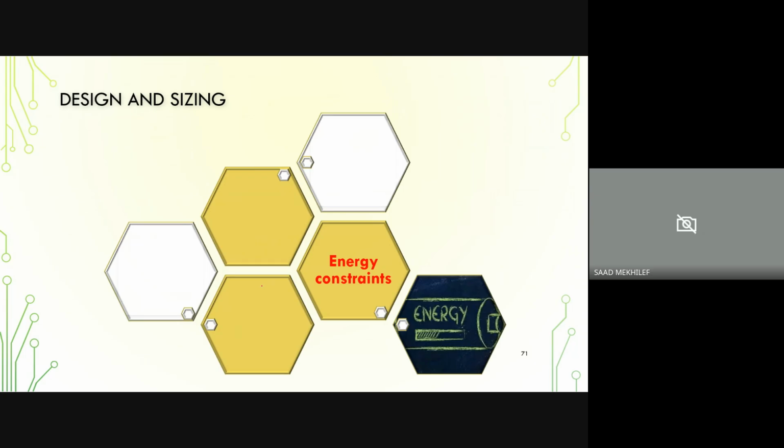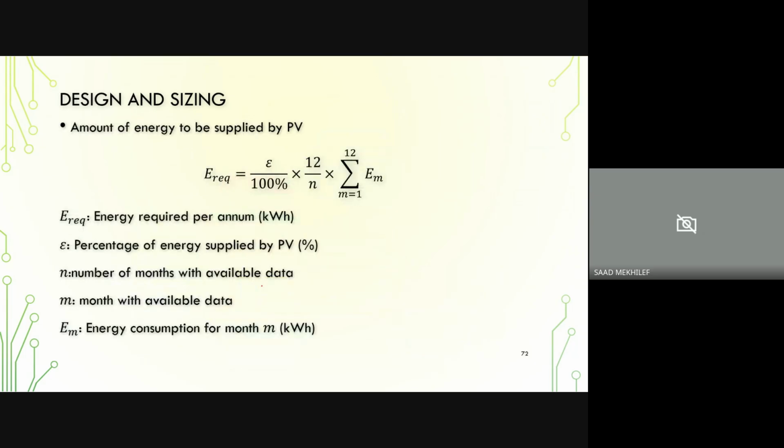Okay, so energy constraints. As I see here, it's more detailed. The amount of energy to be supplied is always given by this equation: energy required per annum in kilowatt hours. The percentage of energy supplied by the PV, how much?